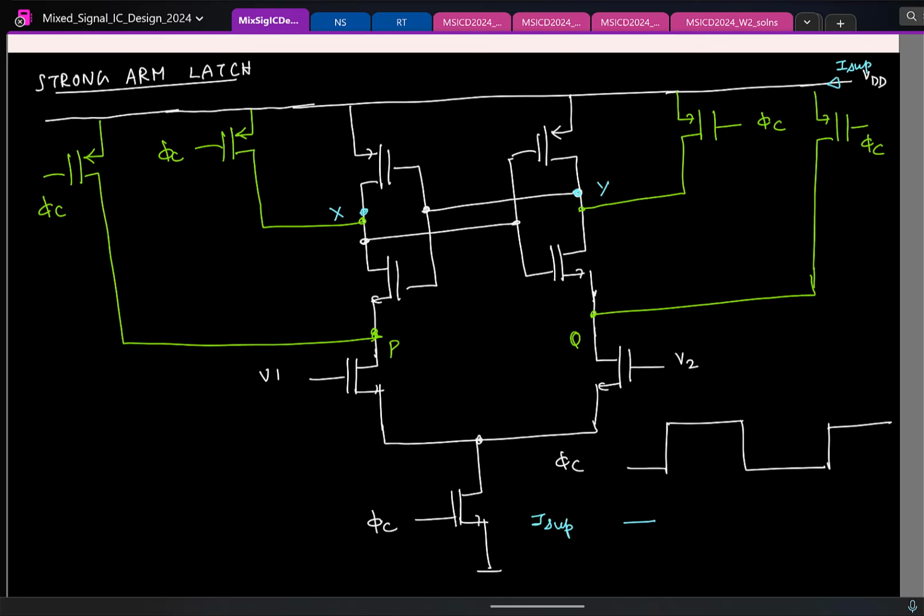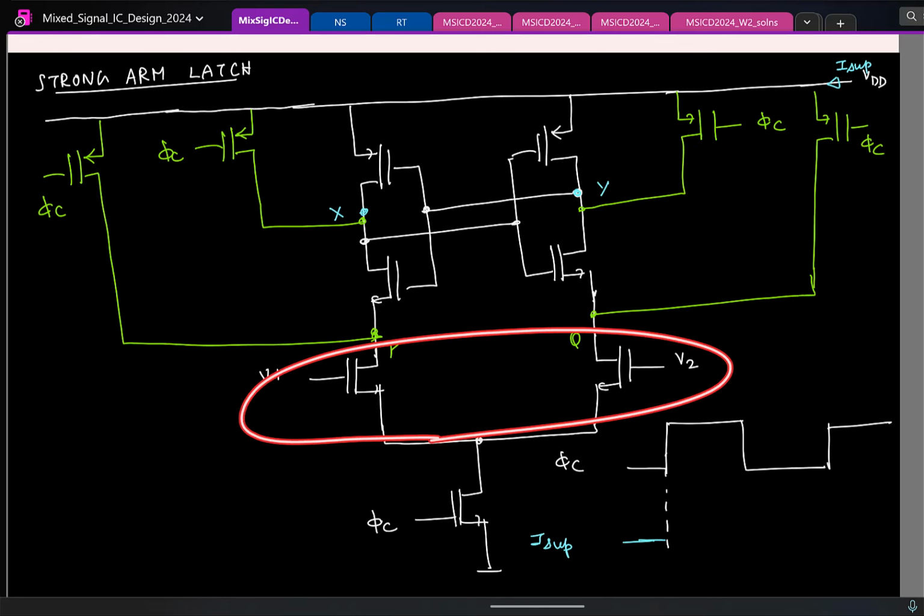let us say it is charged, right? Okay, we'll come to that. But let us say we are looking here, where voltages are settled to VDD. Fine. So at this point, let us say the current is 0. Now I am making phi C active at this point. So when will there be a current drawn from the supply? Remember, when the comparator is activated, we saw three distinct operations.